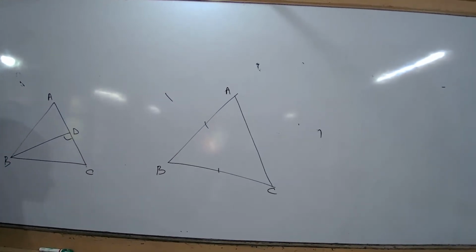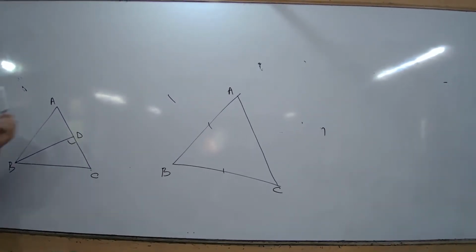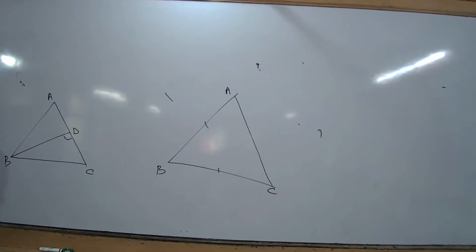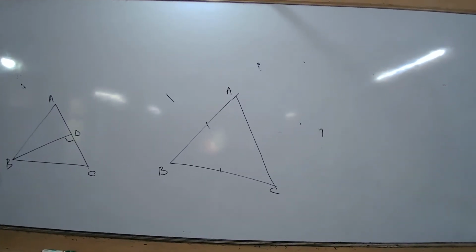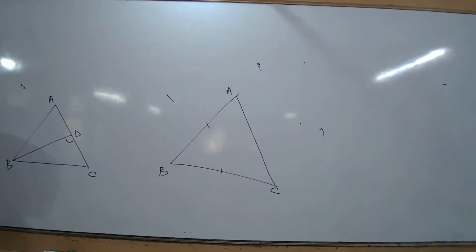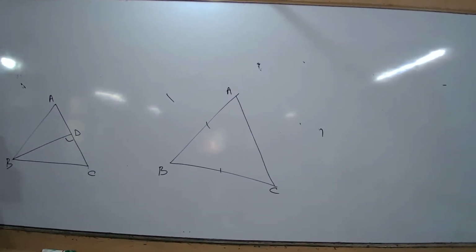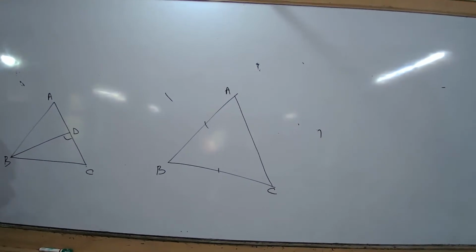In this case, what is the base? AC is the base, not BC, because area is half into AC into BD. If the perpendicular is drawn, then that is the base.